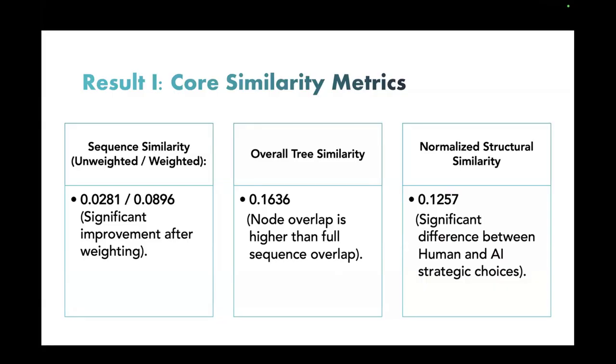For example, now this value is 16%, and maybe when the value is 80 or 100%, that means it is not our goal to make the AI completely follow the human strategy.